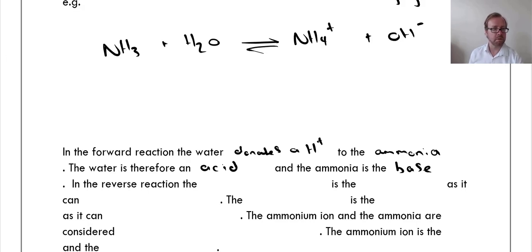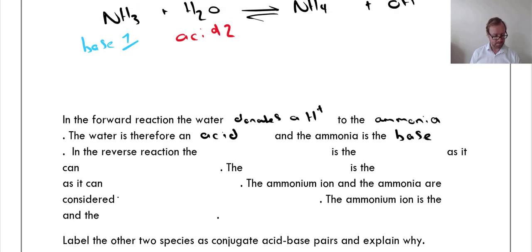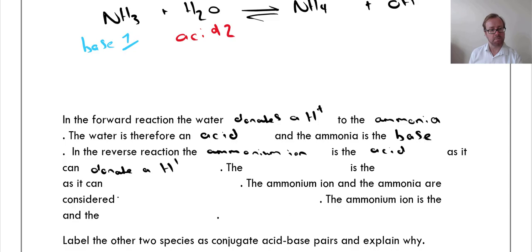So I can label these as my base 1 and my acid 2. In the reverse of the reaction, the ammonium ion is the acid, as it can donate a H plus or a proton.